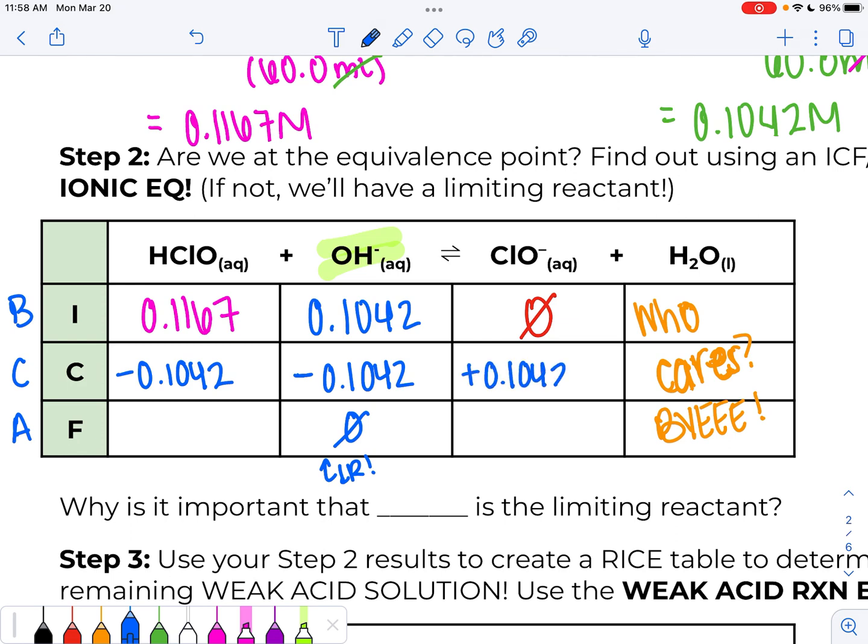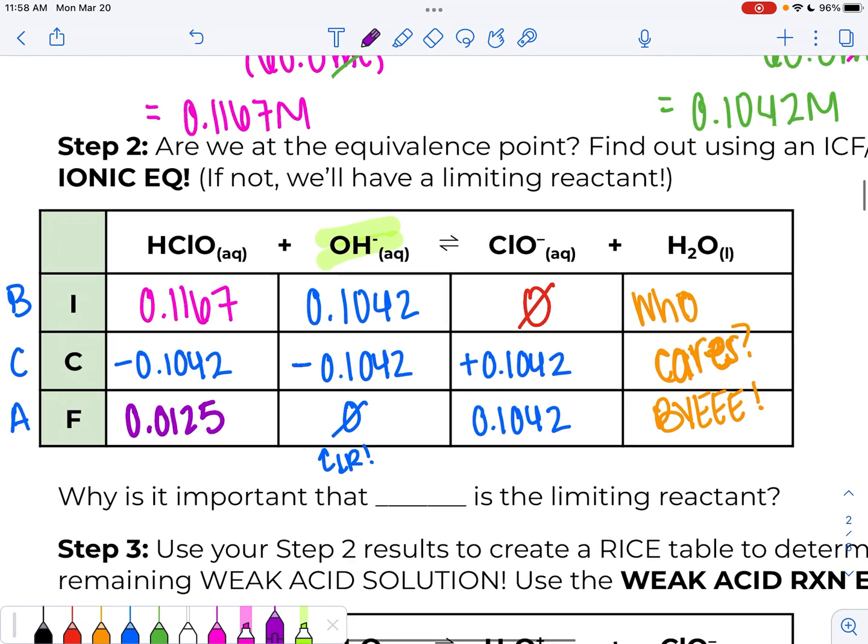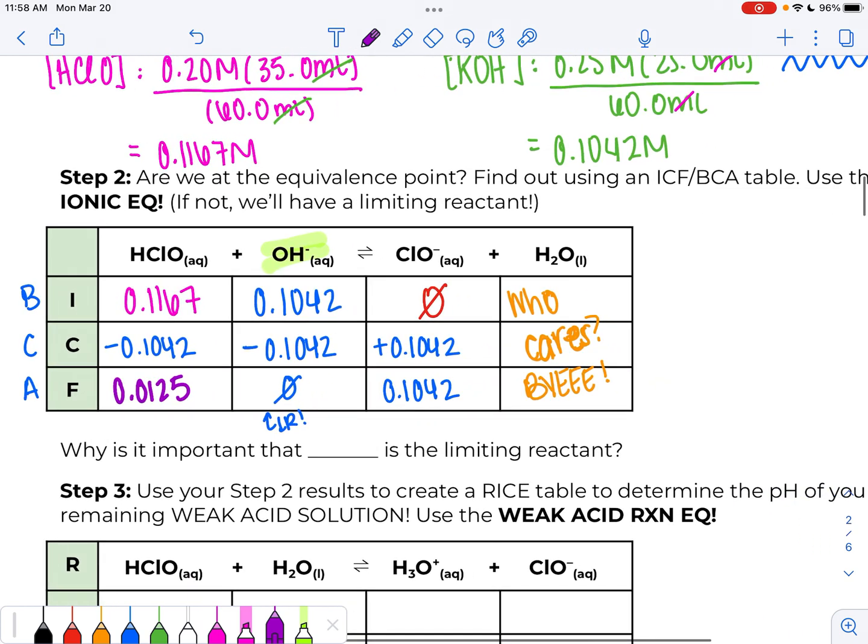I'm going to gain 0.1042 moles of this, because it's in a 1-to-1 ratio. So at the end, I'll end up with 0.1042 moles of my conjugate base. And how much acid will I have left over? Well, I just have to plug that into a calculator real quick, and I end up with the value of 0.0125 molar.